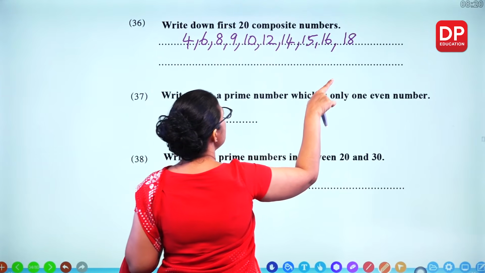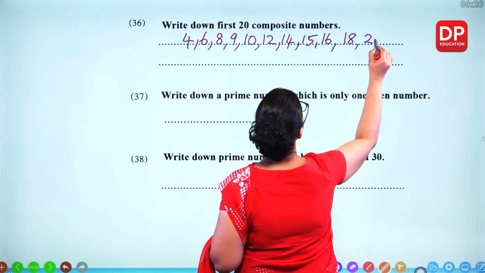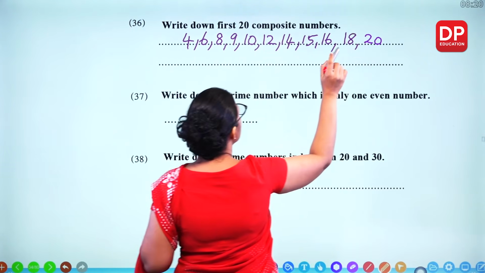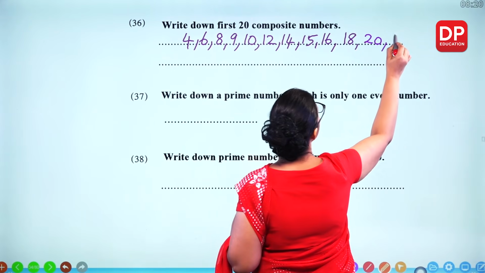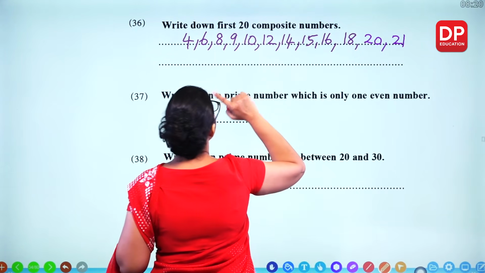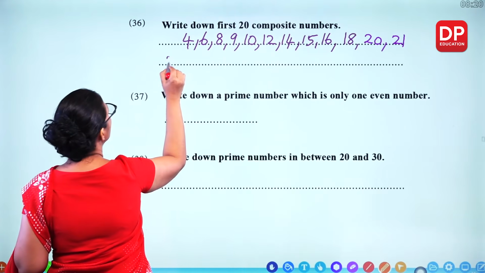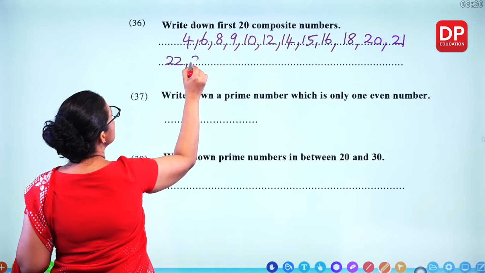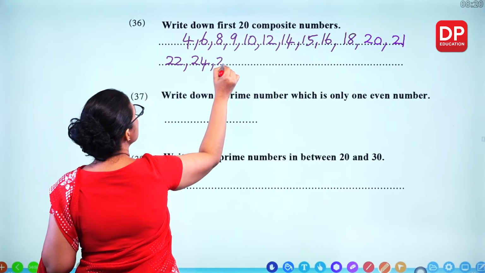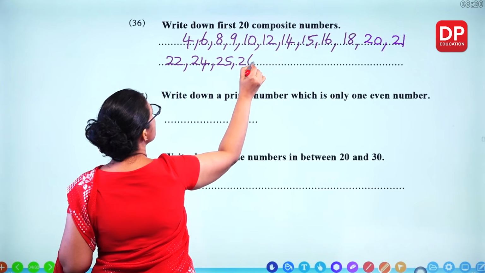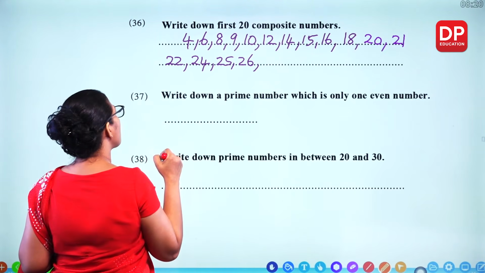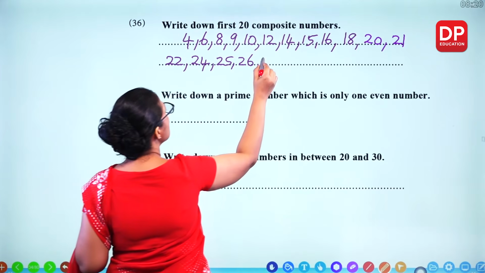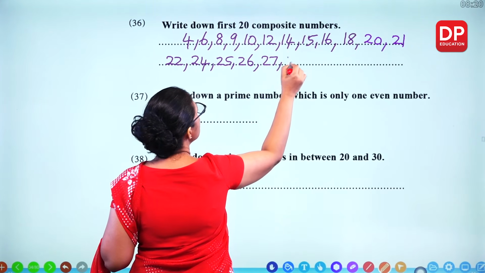Then 18, 19 you can't. 20, 21, 22, 23, 24 you can. 25, 26, 27, 28.